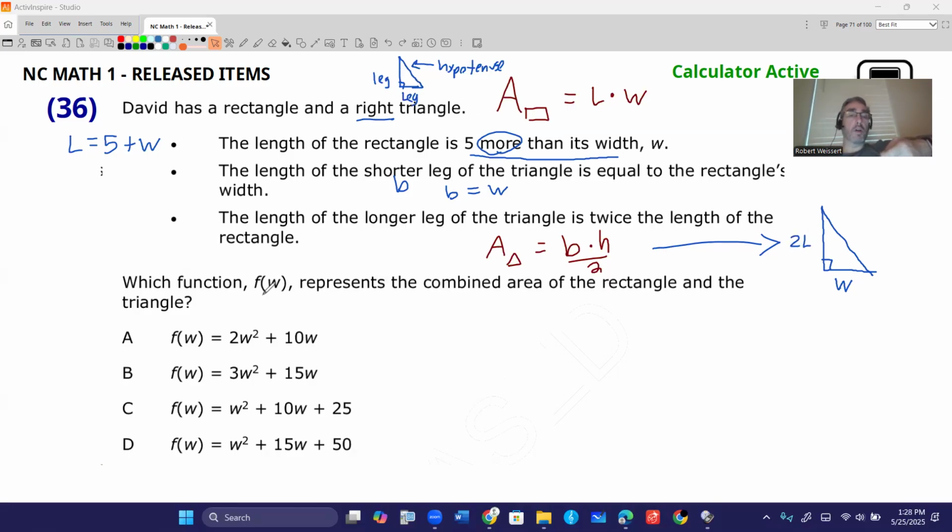Now it wants to know the function f of W that represents the combined area of the rectangle and the triangle.